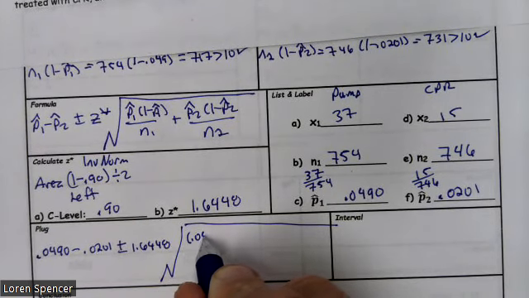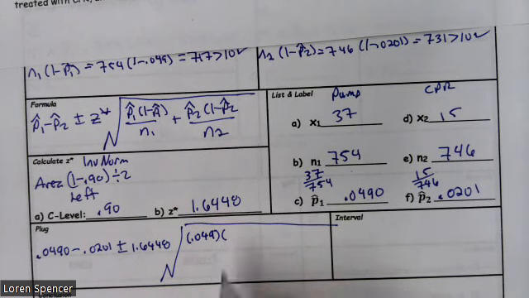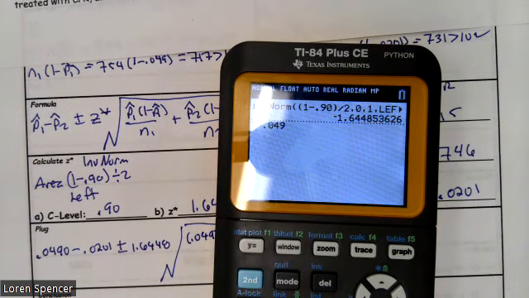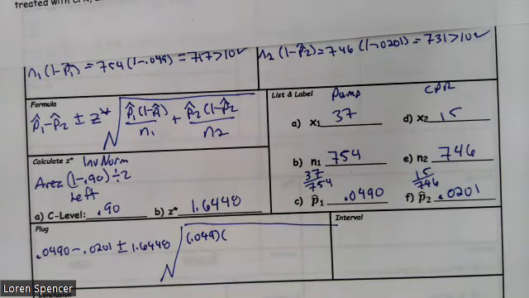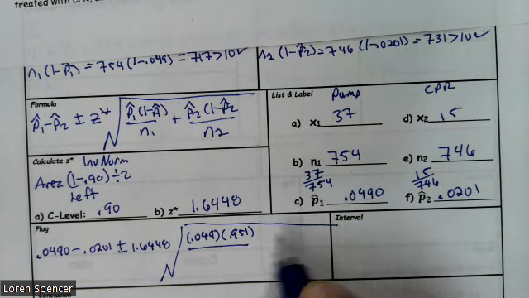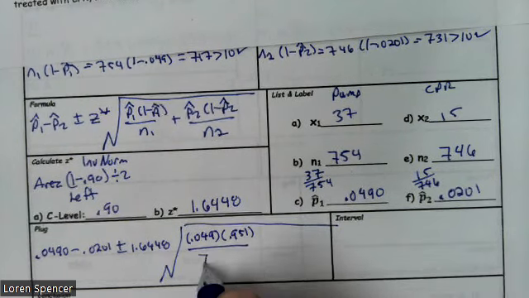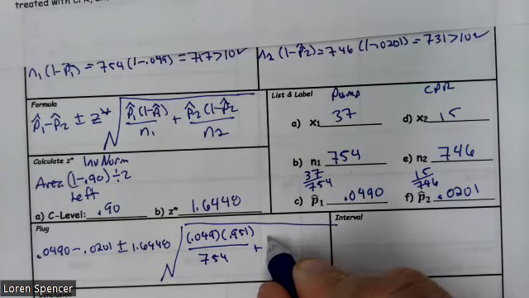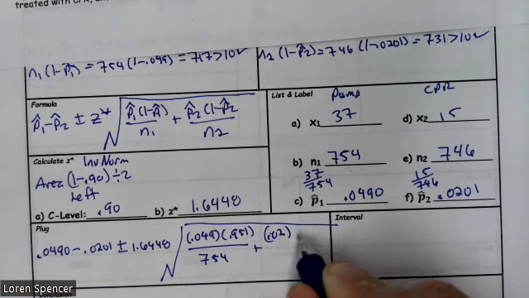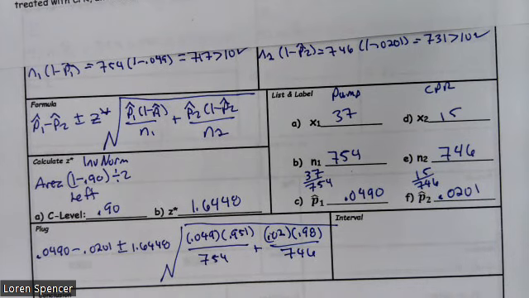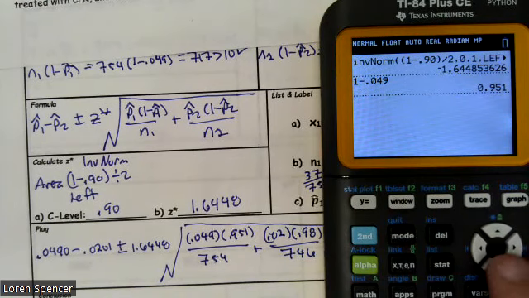So 0.049 and 1 minus 0.049 is 0.951. All that over the sample size of 754, plus sign. And then this is going to be 0.02, because it's 0.020. This is 0.98. This is over 746.